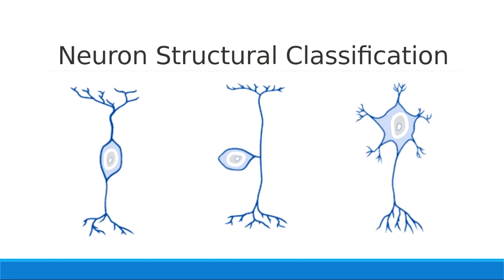The first way that we can classify them, and the way that's going to be most important probably for lab, is their structure or their shape. The three shapes of neurons in the body are called unipolar, bipolar, and multipolar.